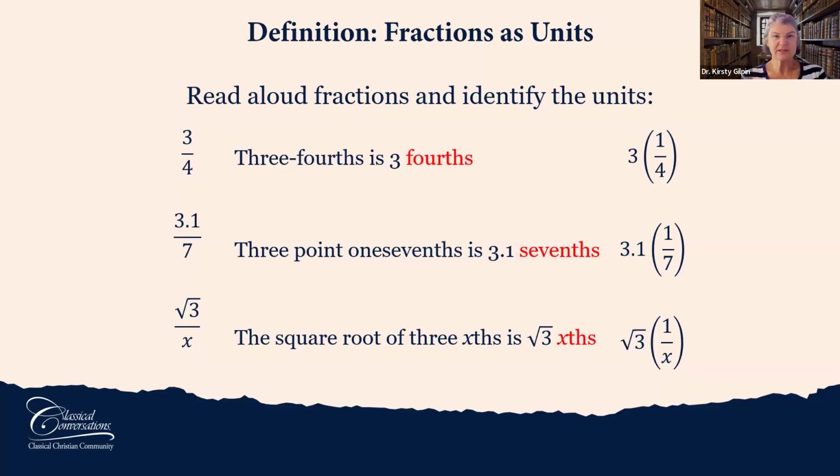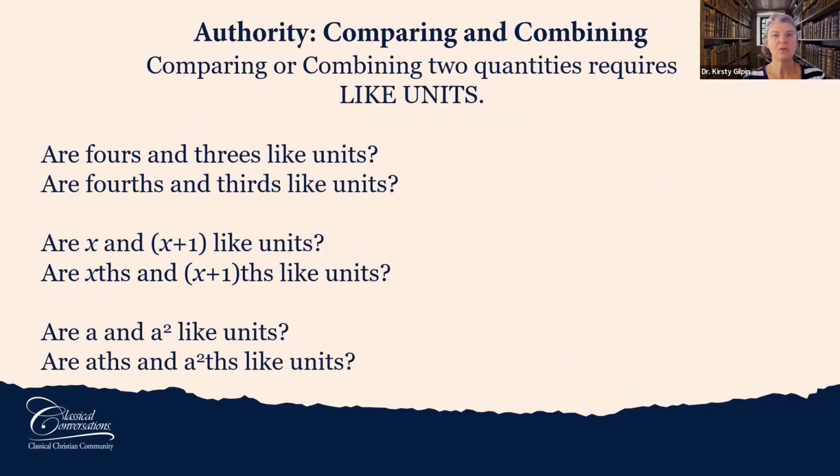It's really important that we know what our units are, because when we're comparing or combining, we have to have like units. So are 4s and 3s like units? No, right? If I was counting up by 4s and counting up by 3s, and I said I had 10 4s and 3 3s, I can't add those together, right?